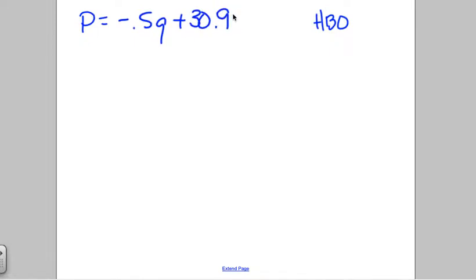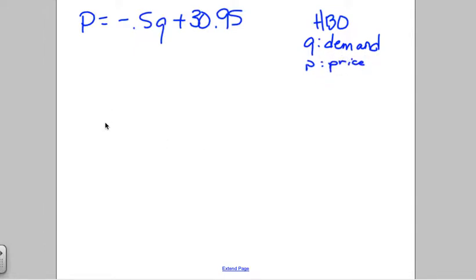Okay? What if I have a demand and supply function? So the demand and price of the HBO cable channel are related by this function. So this is the HBO cable channel. This is demand and price. So P equals negative 0.5 Q plus 30.95, where Q is my demand and P is my price.